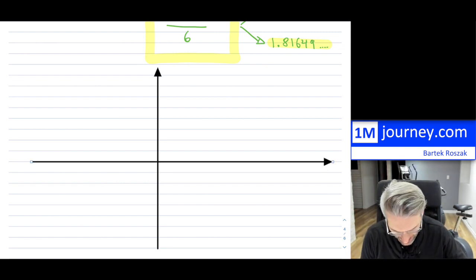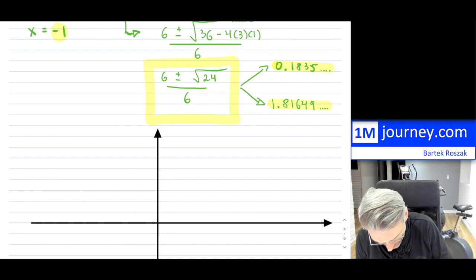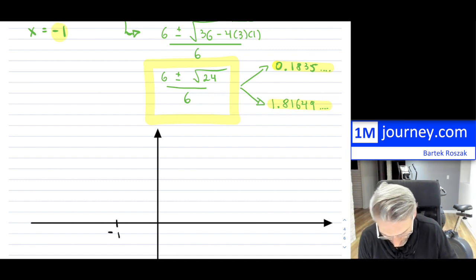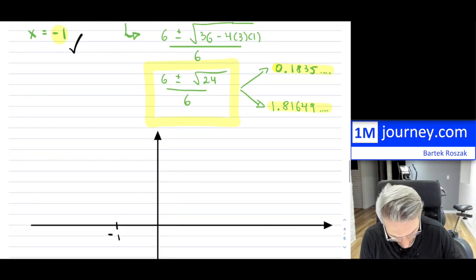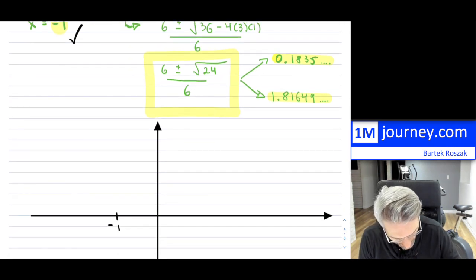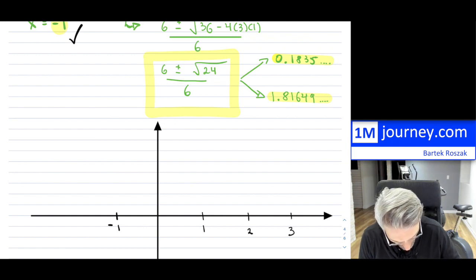So here's my x-axis, my y-axis, for the function. And what I have is, approximately over here, -1, coming from right there. And then on the positive side, 0.18. So I guess this is going to be kind of squeezed out over here. If this is 1, and let me put this as 2, maybe this is 3.